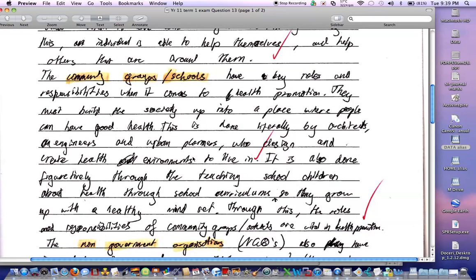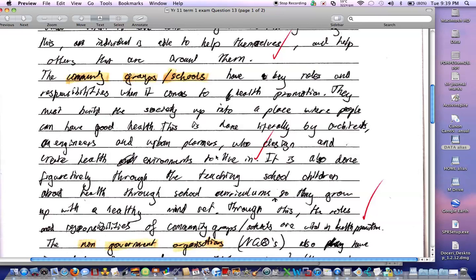The community groups / schools have a big role and responsibility, again using words from the question. When it comes to health promotion, they must build the society up into a place where people can have good health. This is done literally by architects, engineers and urban planners who design and create healthy environments to live in. That's a really good aspect there of the community groups working together, and they're the parts we're talking about.